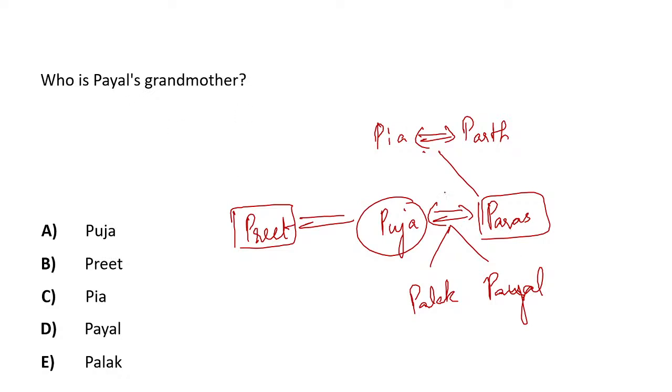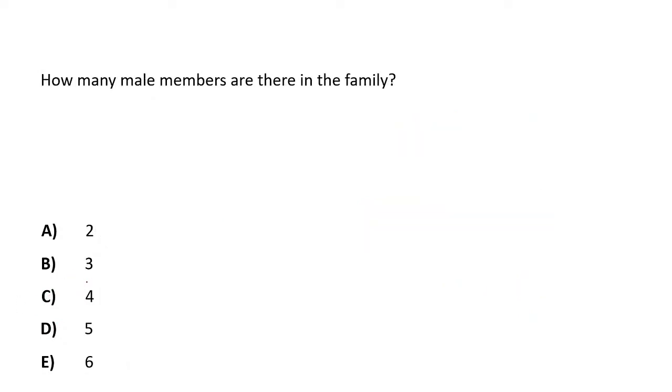Done. So Payal's grandmother is whom? Payal's grandmother is Pia, because from the statement Parth is the male gender and Pia is the female gender. If we have none of the options can't be determined, then we can go with can't be determined. But as with the names we are determining Pia as a female gender and Parth as a male gender. So the answer is Pia.